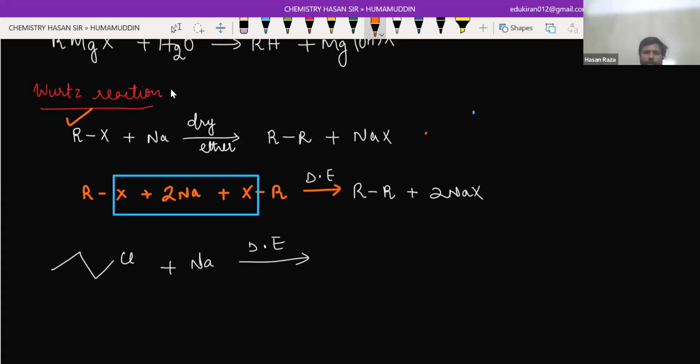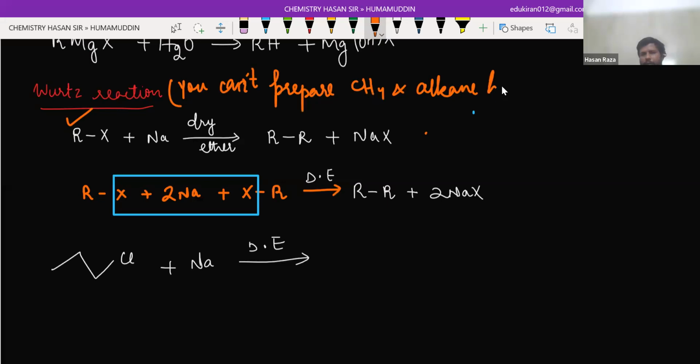So you cannot prepare methane CH4 and alkanes having an odd number of carbons.